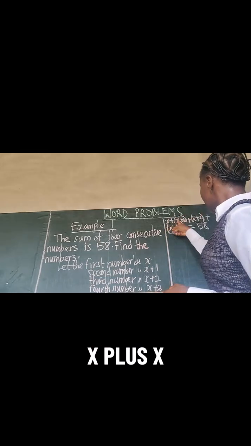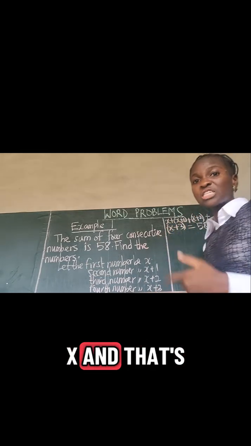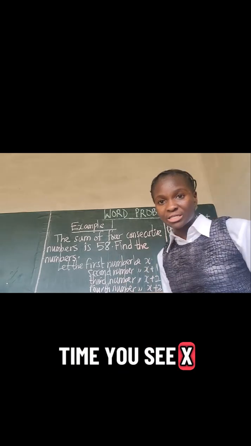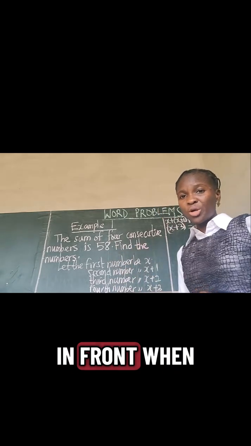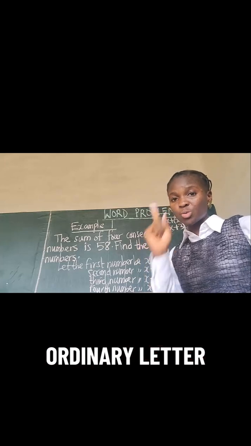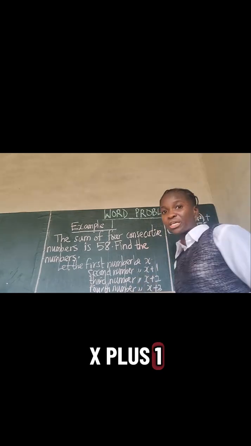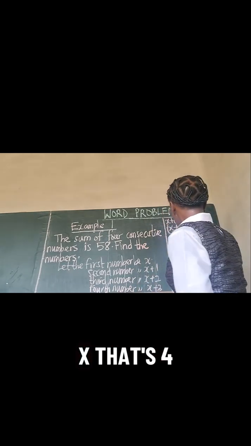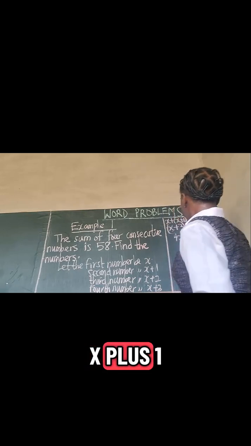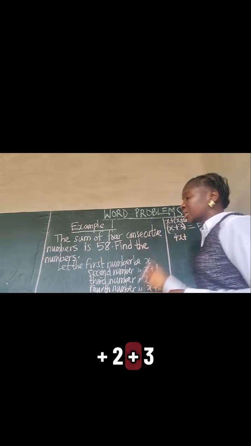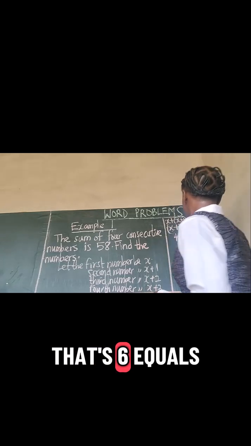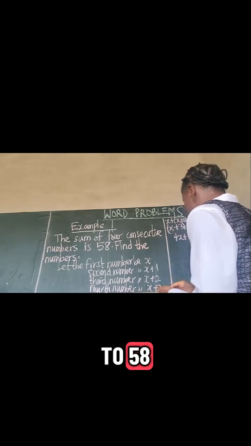So we have x plus x plus x plus x, and that's 4x. Anytime you see a letter like x, just put 1 in front. That means 1x plus 1x plus 1x plus 1x. That's 4x, plus 1 plus 2 plus 3, that's 6.